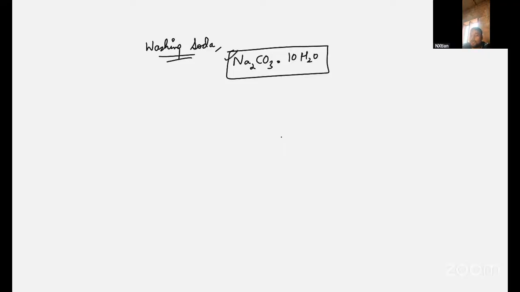So washing soda, the dot 10H2O means basically the crystal form. It is also in the form of crystal. And 10H2O means the water is added in a molecule form. That is the meaning of this.